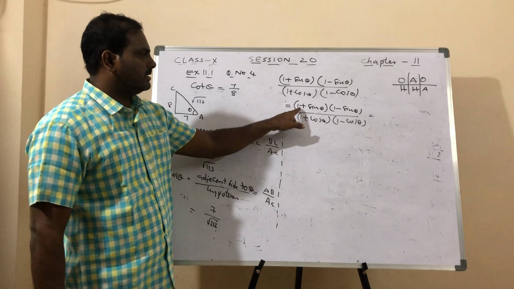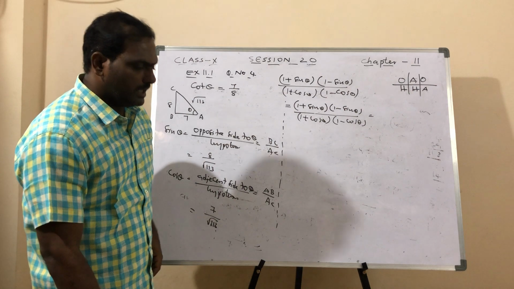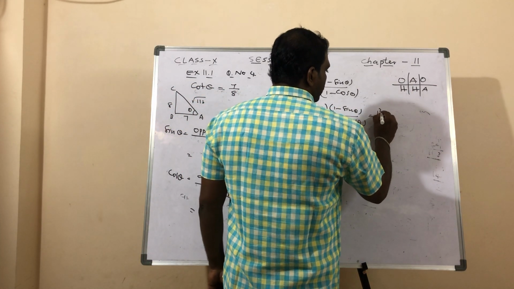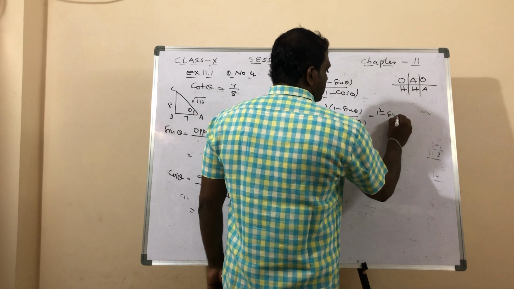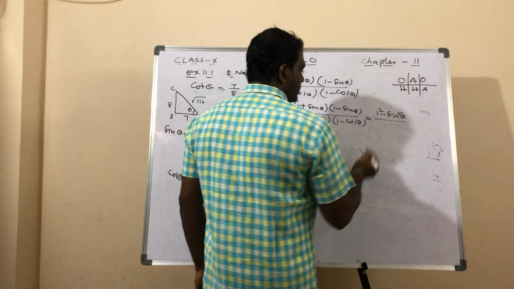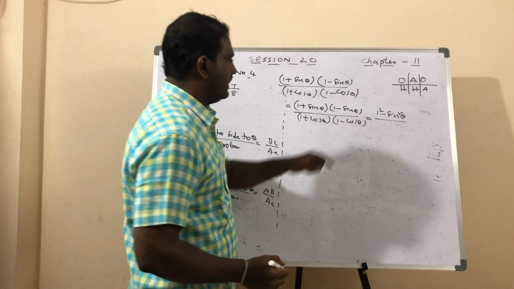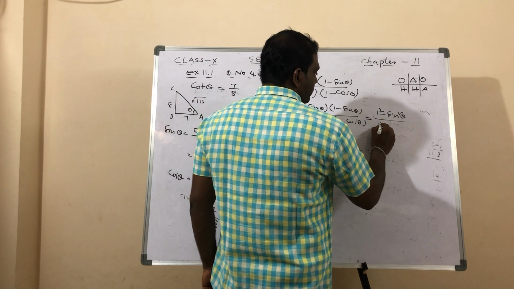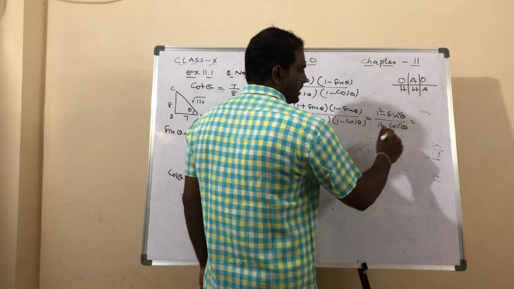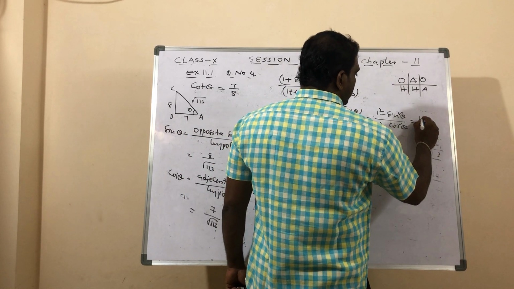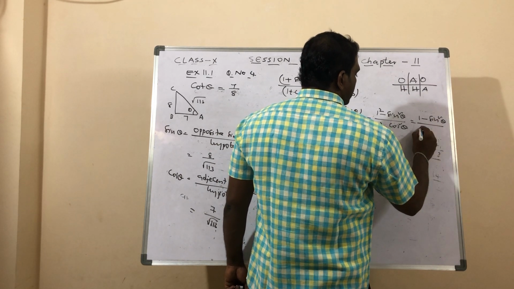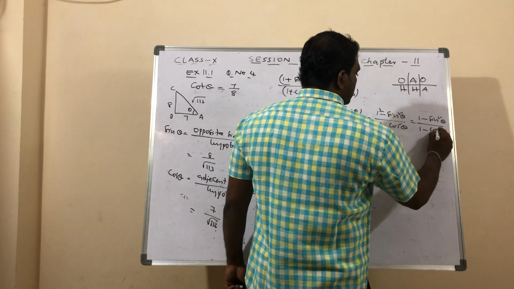What is a here? 1, and what is b here? Sin theta. So a plus b into a minus b is a square minus b square. That means 1 square minus sin square theta by, same, a plus b into a minus b, you will get 1 square minus cos square theta. 1 square is 1, so therefore we want 1 minus sin square theta by 1 minus cos square theta.